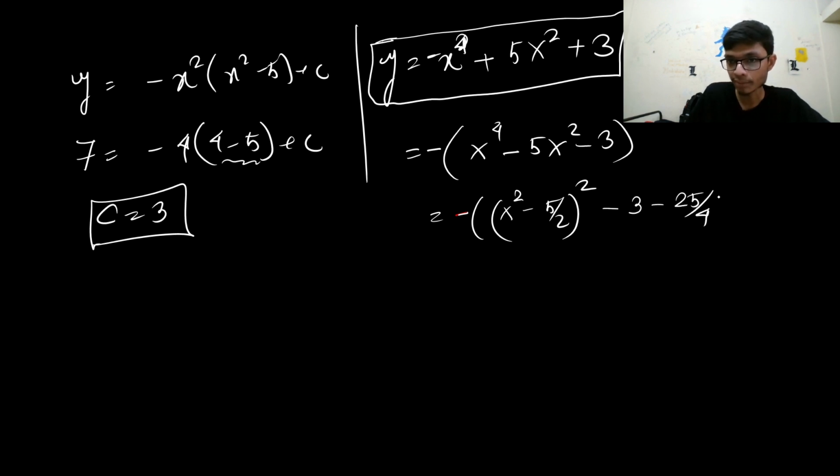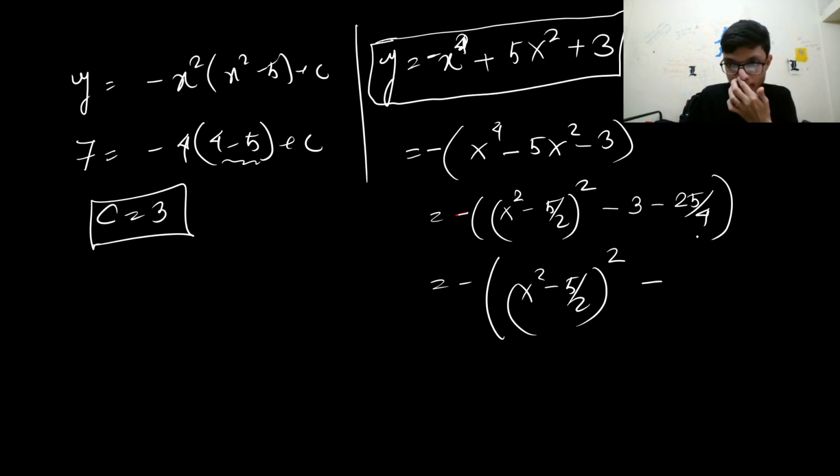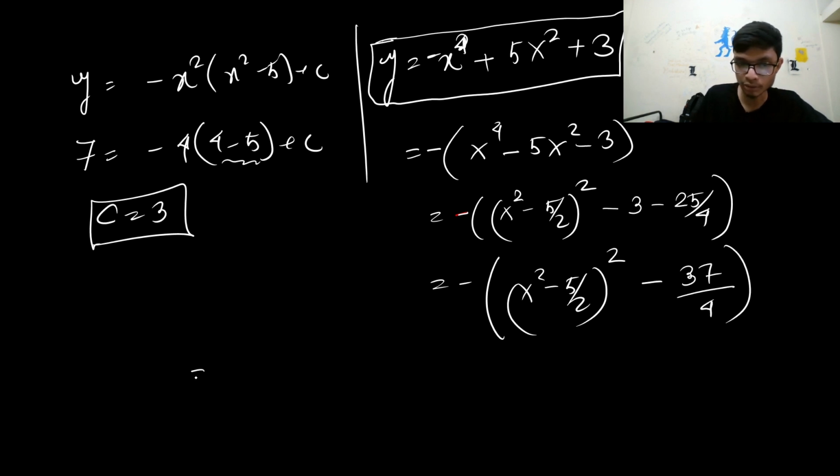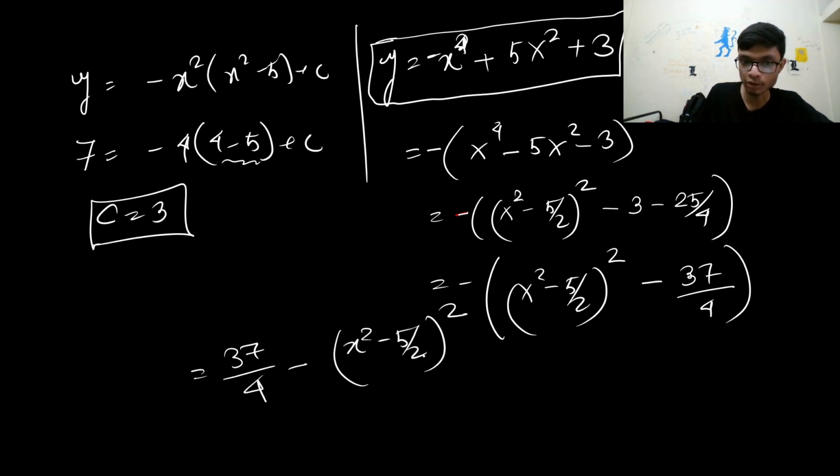So if you subtract 25 by 4, it will become negative times of x square minus 5 by 2 whole square, minus of this will simply become 12 plus 25, this will become 37 by 4. So it will become 37 by 4 minus of x square minus 5 by 2 whole square.